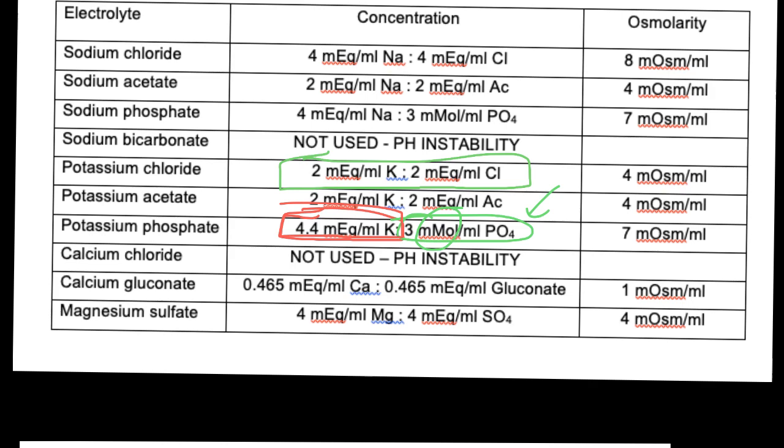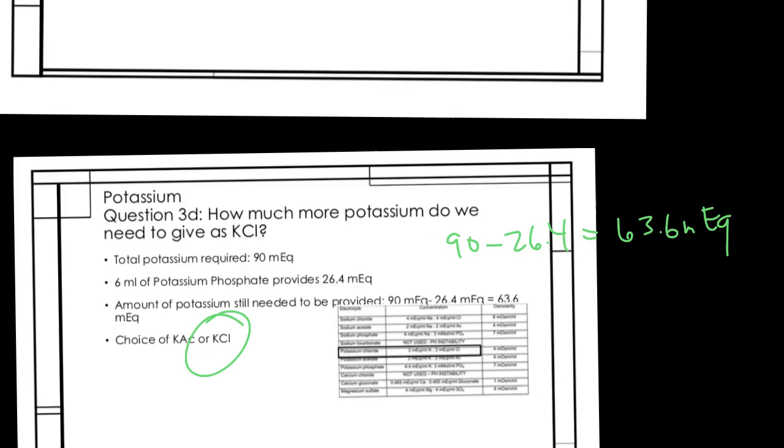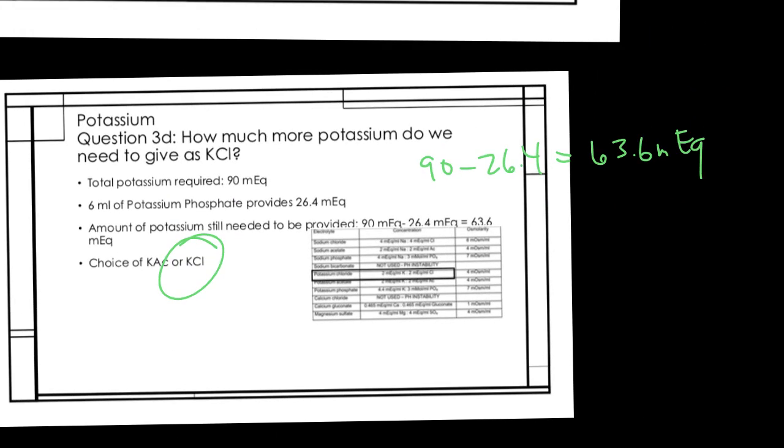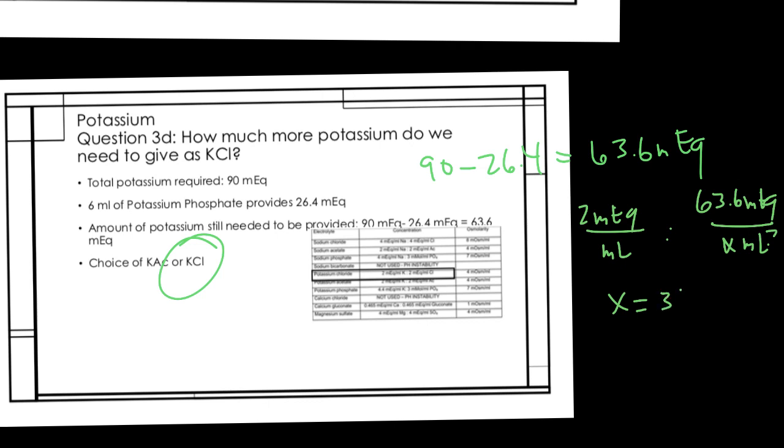I'm solving for potassium, so let's use 2 milliequivalents per mL of potassium, and I need 63.6 milliequivalents. How many milliliters is that? Solve for X. 63.6 divided by 2 is 31.8.